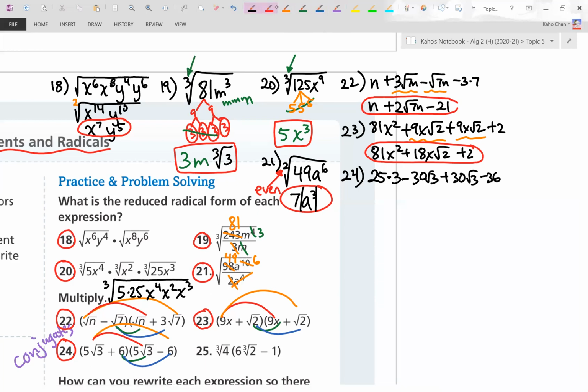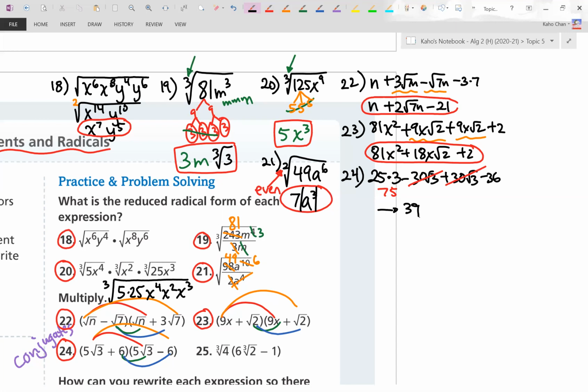Like I said earlier, the inner and the outer terms cancel. And we have 25 times 3 is 75. 75 minus 36 is simply, what is that? 39? Yay. Any questions? Not too bad. So 25 is 39. All right.